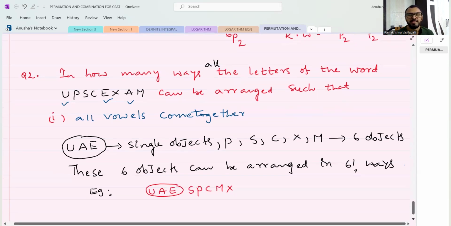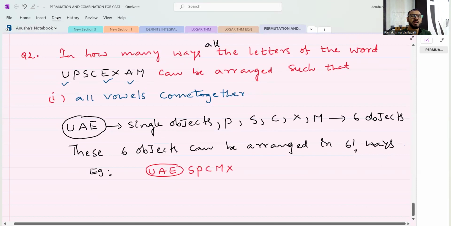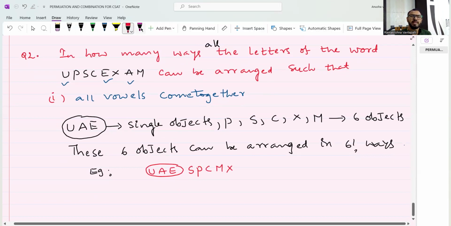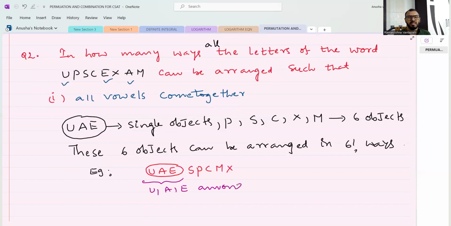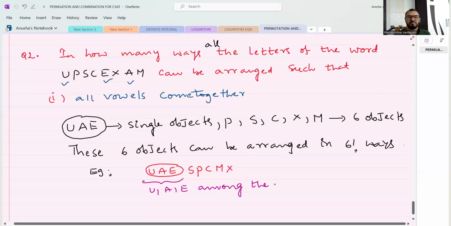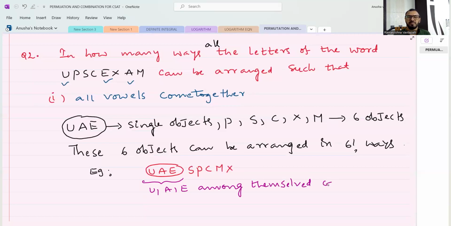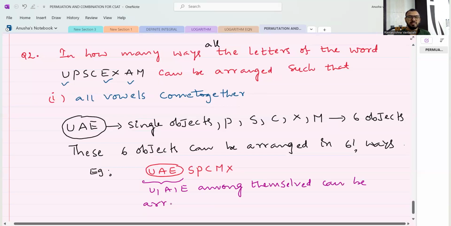Now you see that among U, A, E, internal arrangement will be there. These three letters U, A, E among themselves can be arranged. We have three letters and three places, so we can arrange them in 3 factorial ways.